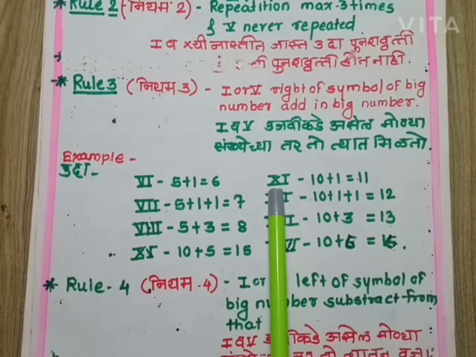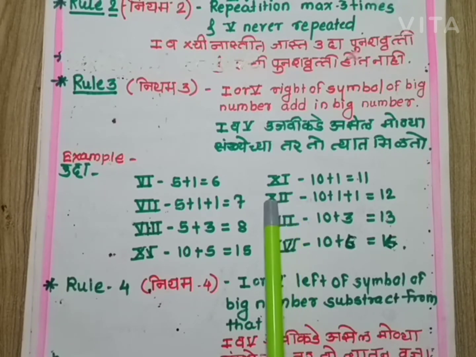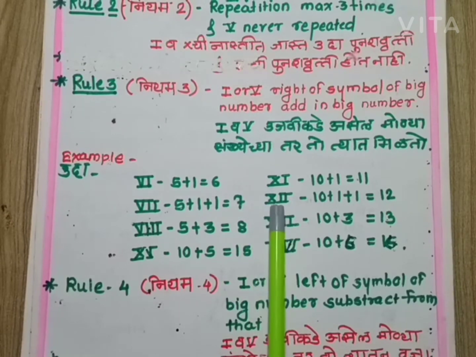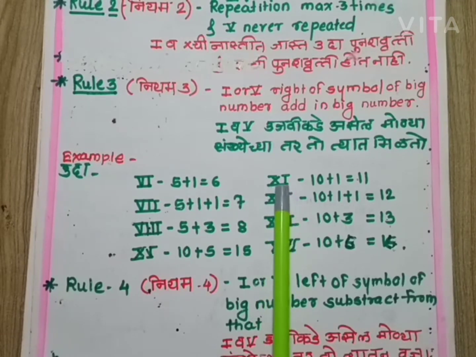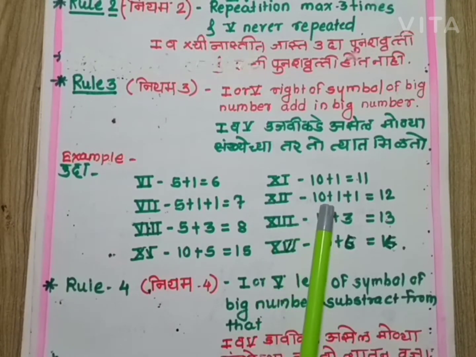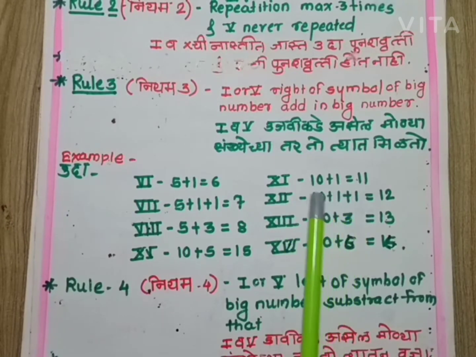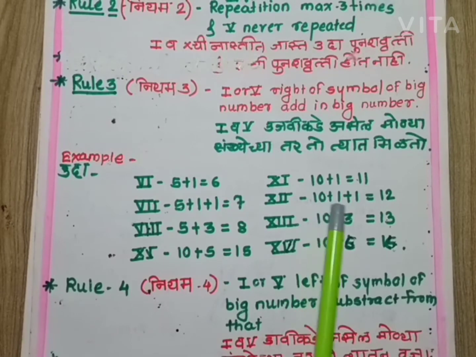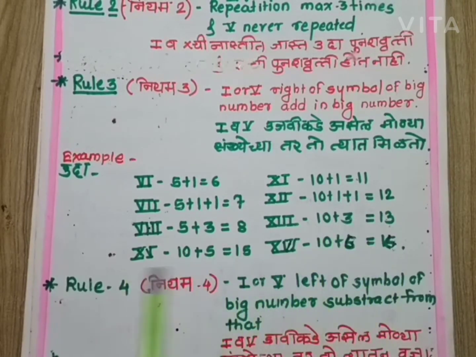So X gives value 10, and this gives 1 plus 1. Therefore, it is added to that 10. We get 10 plus 1 is 11, 11 plus 1 is 12. These are the same kind of examples.